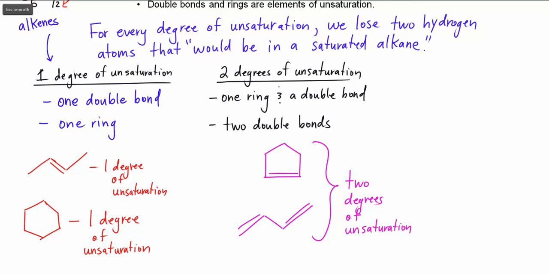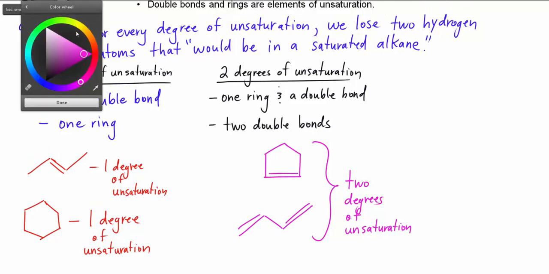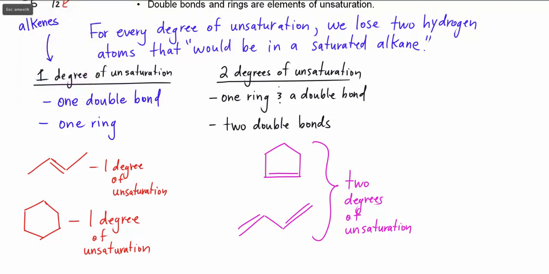We could take this further, and just by visual inspection, if I had a molecule with 3 double bonds, this would constitute 3 degrees of unsaturation.